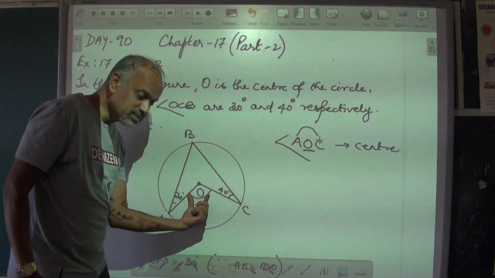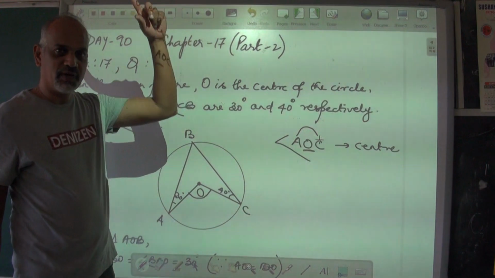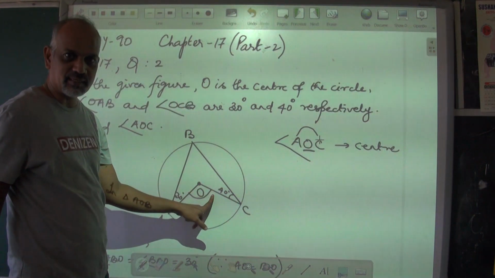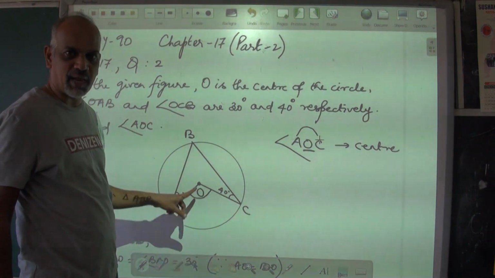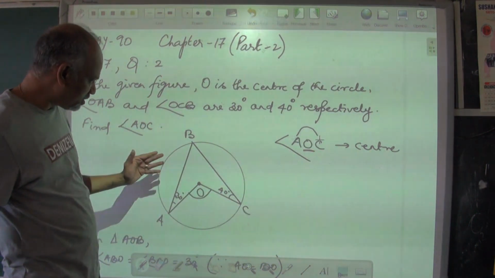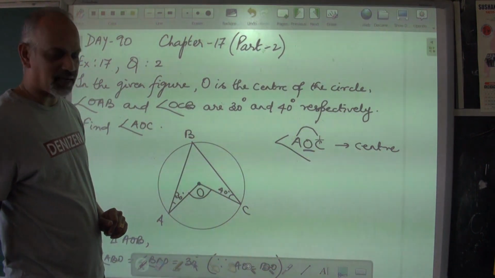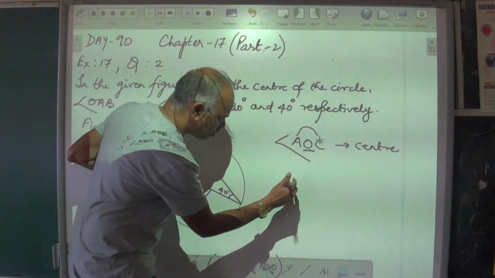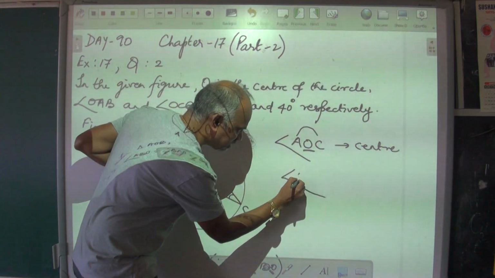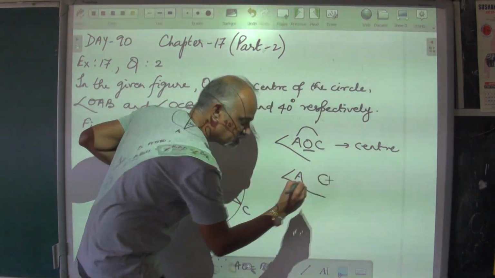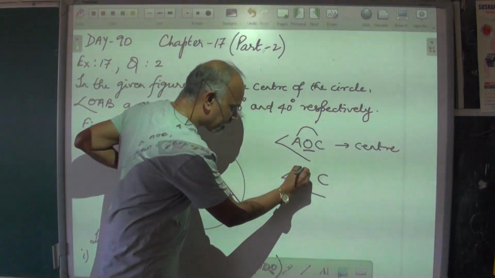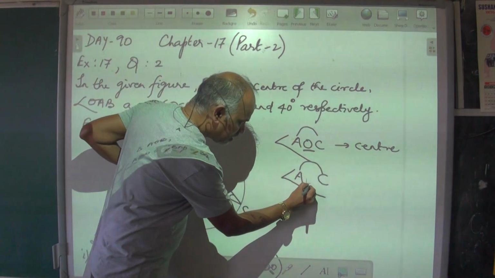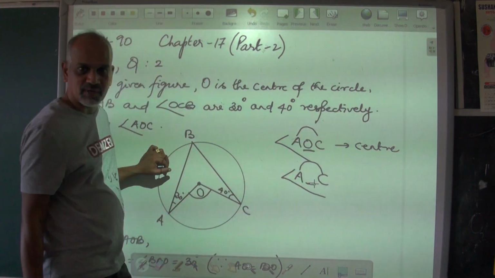To find this, according to the first theorem, the angle made at the center is double the angle made on the circumference. So you see which is the angle made on the circumference by the same arc, the arc AC. That angle should start with A and end with C, and be made on the circumference.